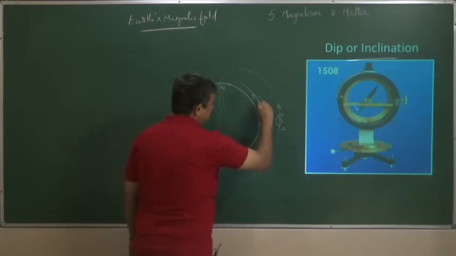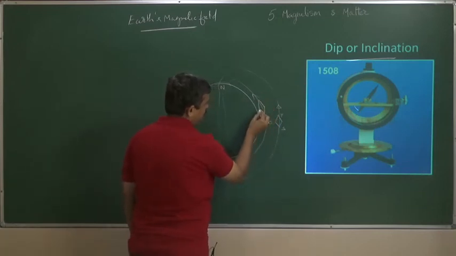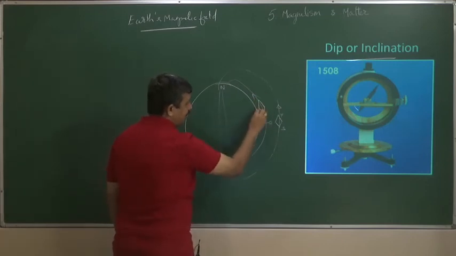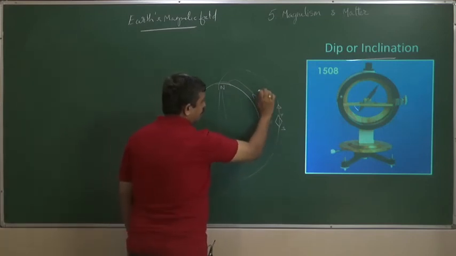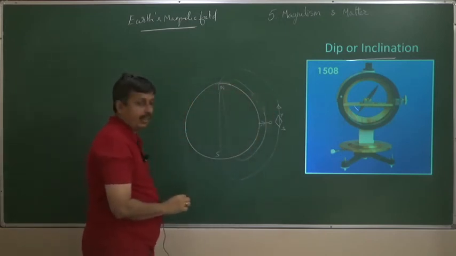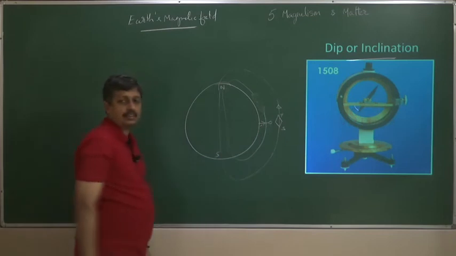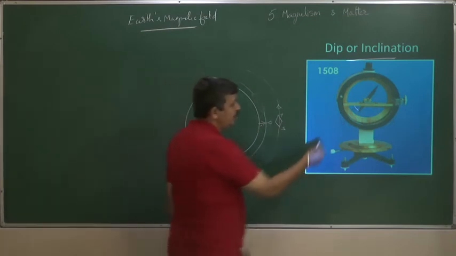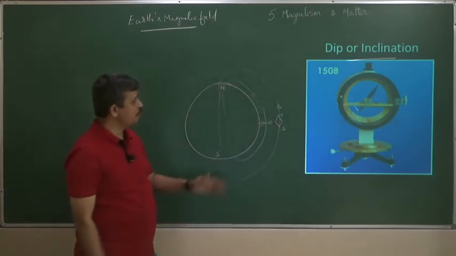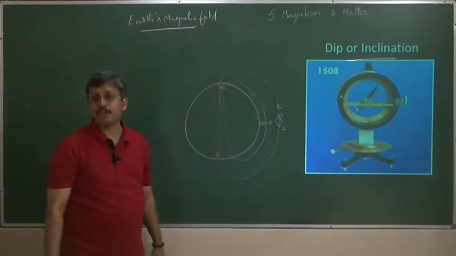Here you can see that it is aligned to this, which is not actually horizontal. There is more attraction towards the north and less attraction towards the south. So it is dipping like this, showing the north pole. When you go more and more towards the north pole, it has to dip more and more.